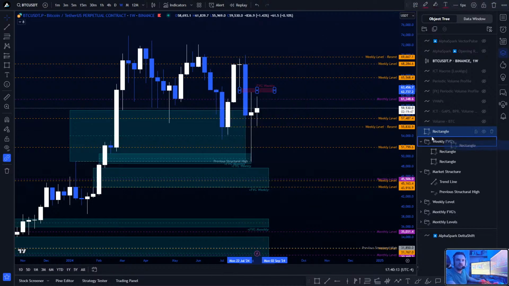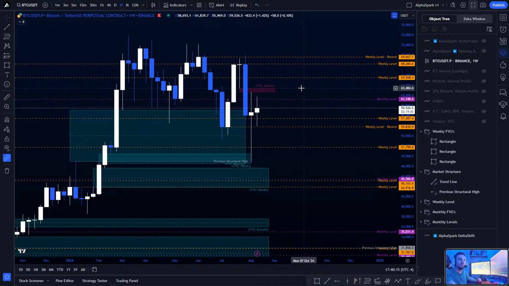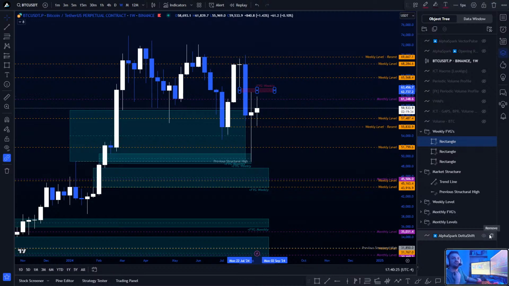Coming to that gap means that currently we are at 59, but that we should come back to 62-ish. Yeah, 62,737. That's a probable minimum, just from the logic of fair value gaps, okay? 62,737 should be high probability.